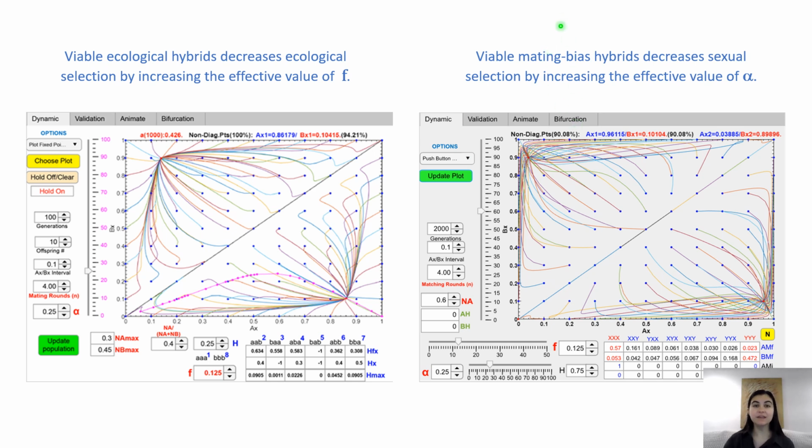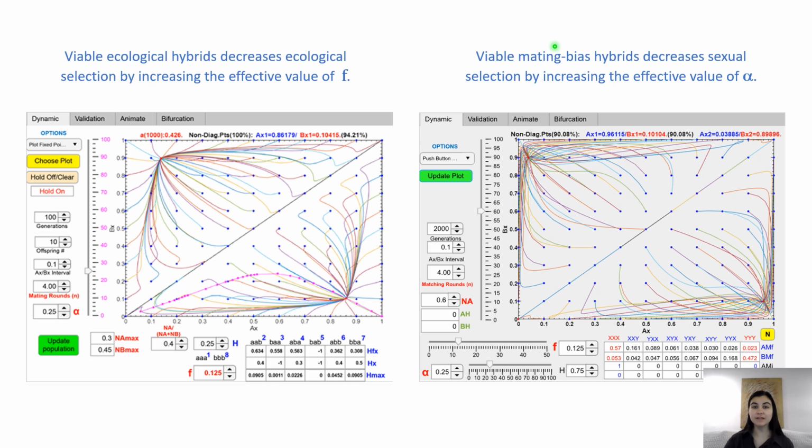We find that the existence of mating bias hybrids decreases sexual selection by increasing the variable alpha and inhibiting system convergence and pre-mating reproductive isolation. Under these conditions, disruptive sexual selection must occur to eliminate the mating bias hybrids.